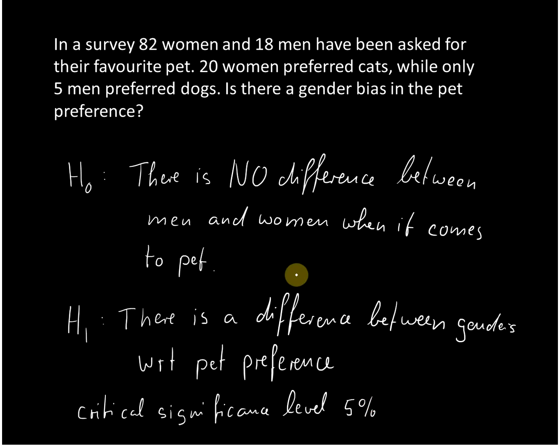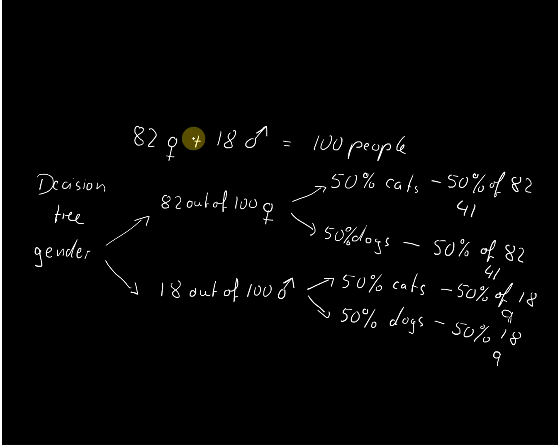This means how sure do we want to be that we make the right decision? So we want to be 95% sure, and these 5% are the remaining risk that we make the wrong decision. So how can we address this question? Well, we can set up a decision tree, and I've done that here.